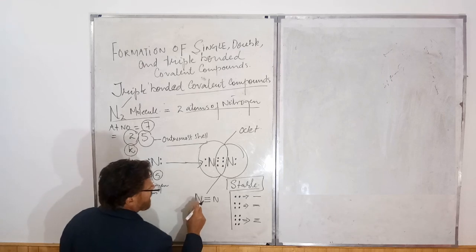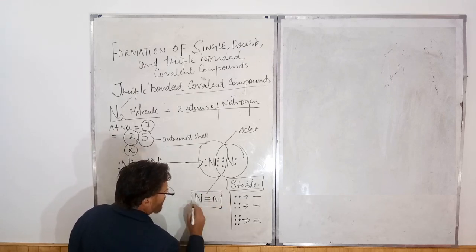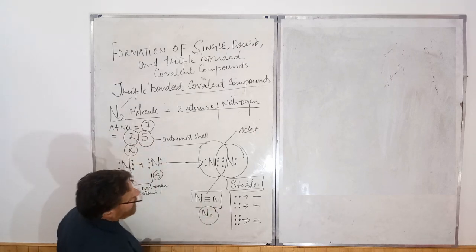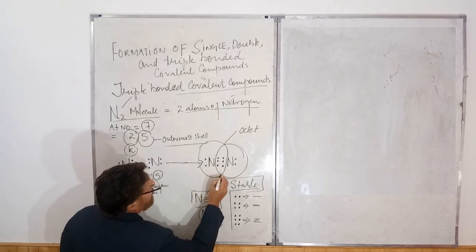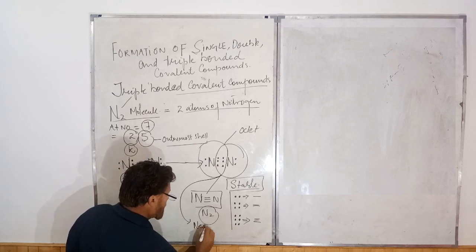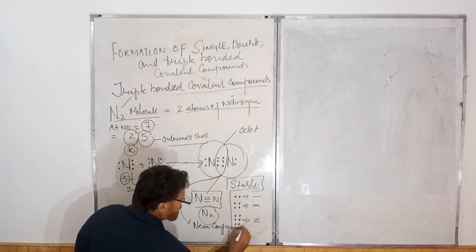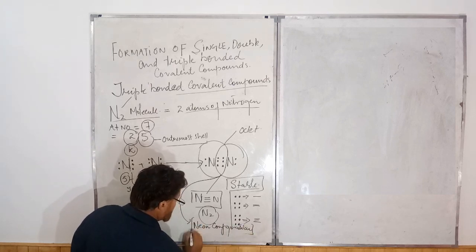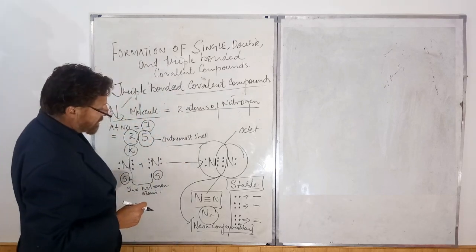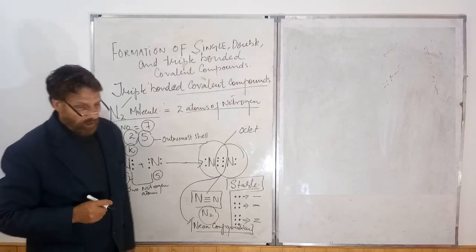So that is why we write N triple bond N. This is the formation of N2, the molecule of nitrogen. This configuration is also known as the neon configuration, because it resembles the configuration of neon.